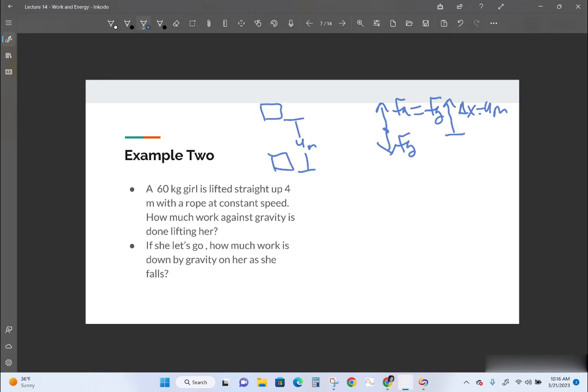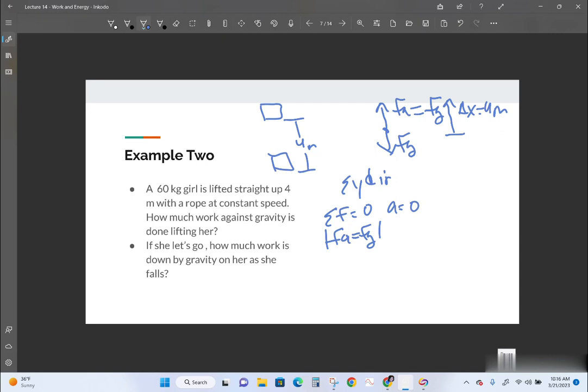So in the y direction, just to remind you, all of those forces add up to 0 because it's traveling at a constant speed with no acceleration at the bare minimum. And that means that Fa that you're applying has to be equal to the weight in magnitude, right?